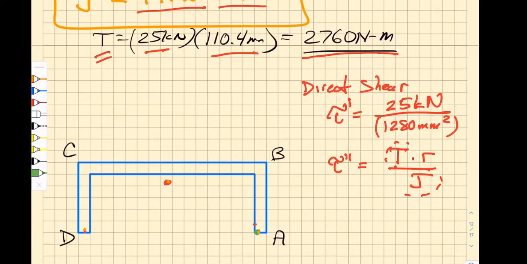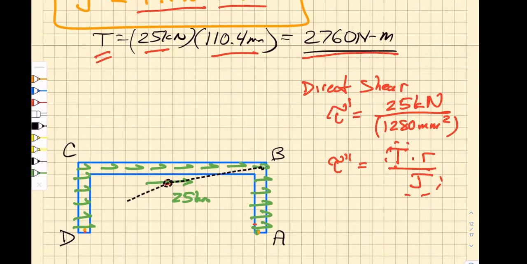So we're just going to do this schematically right here. The direct shear, we have this 25 kilonewton load acting in this direction. It's going to generate a uniform shear stress everywhere in this weld cross section, and it's all going to be pointing to the right. But we also have a torsional shear, and I'm going to locate the central corners of these welds with radius vectors, and then we're going to imagine what that torsional shear stress happens to be.